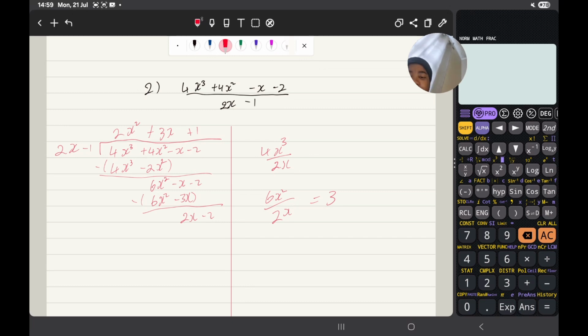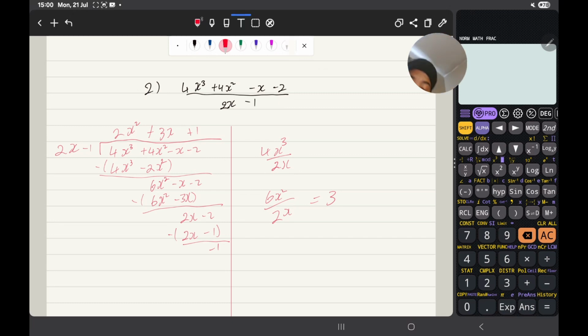Do the multiplication, you get 2x minus 1, and do your subtraction. So when you subtract, you get how much? That's 0, and then 2, that's minus 1.